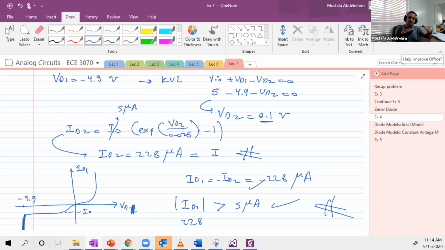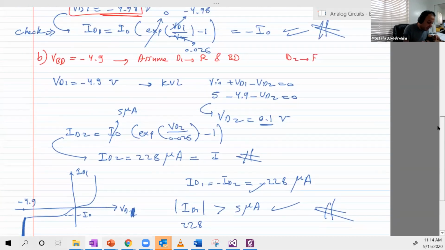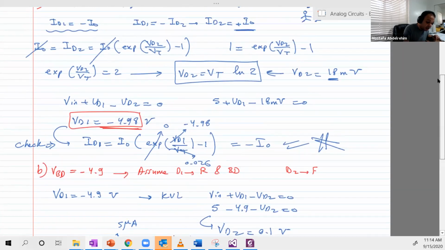Next time we will see a more easy way, actually the easiest way to deal with diodes in circuits, which is models. Based on these models, we will solve even much faster than what we are doing right now.